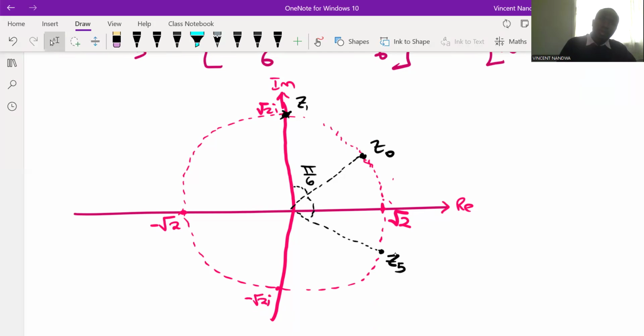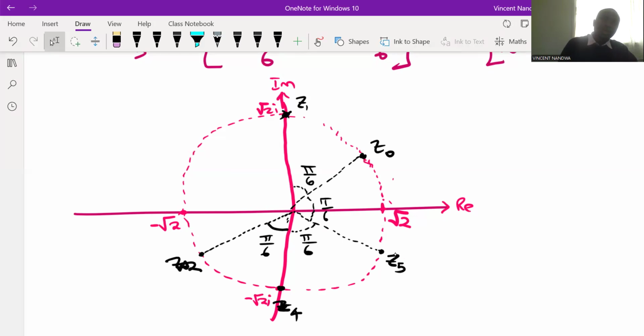So measure pi over 6, and then the other value will be here. And this is also pi over 6. So this way we had our z4. If you measure pi over 6, this angle is also pi over 6. This is where we located z2.